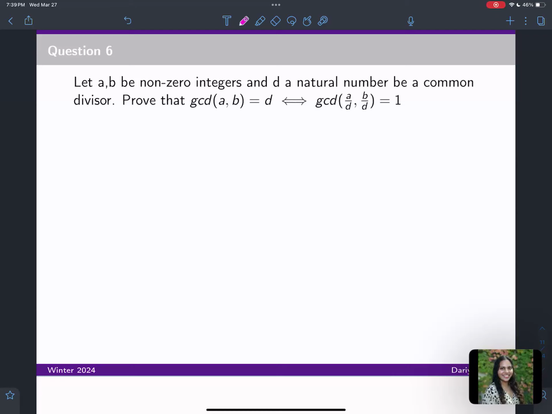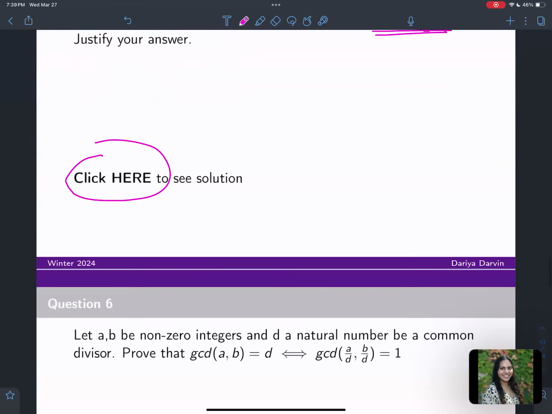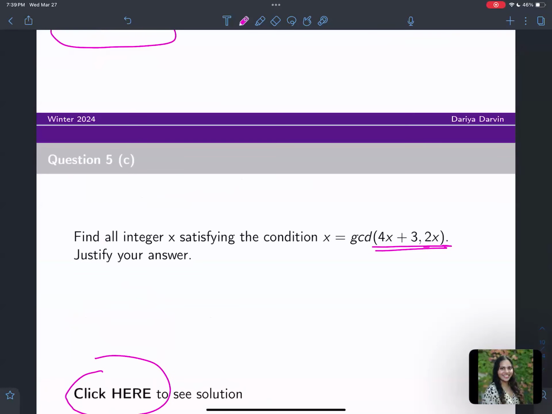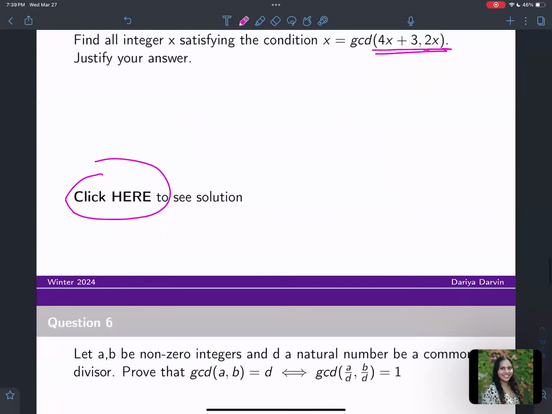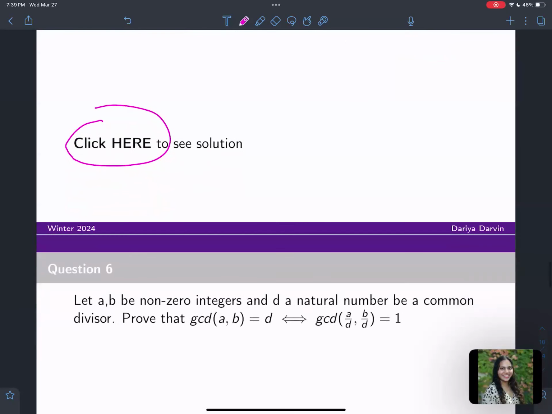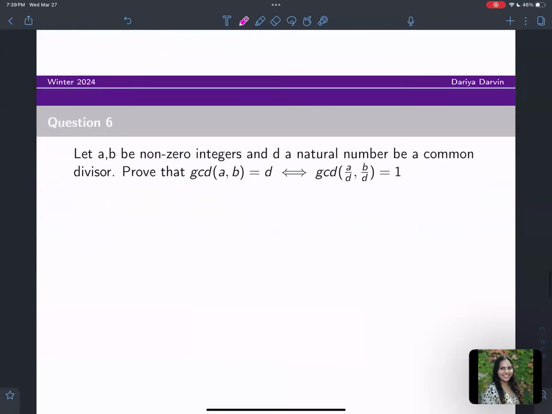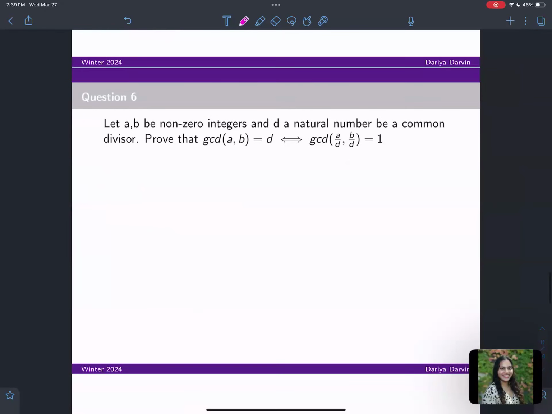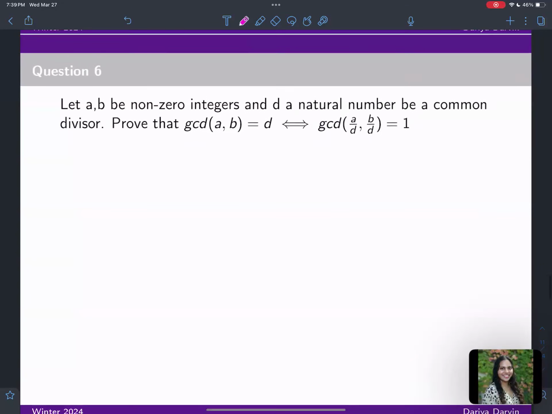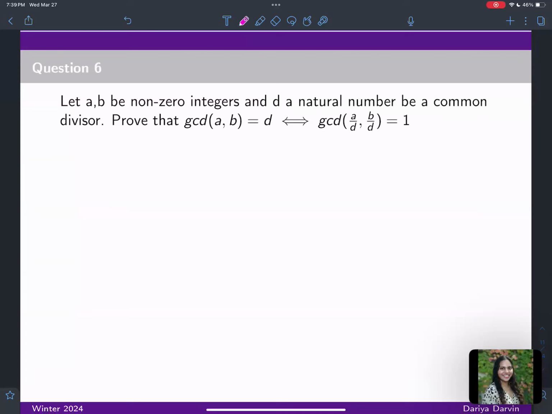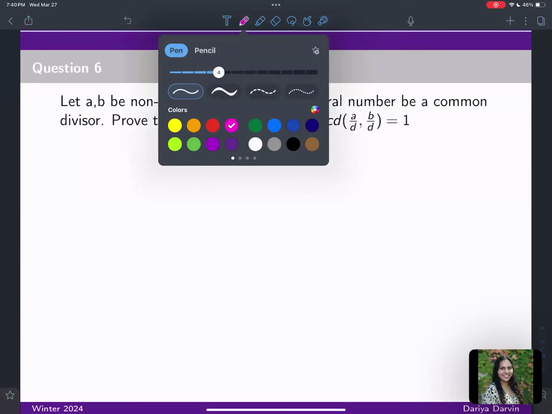A lot of questions, especially these kind of questions that we just did, you'll use the definition of GCD, like do some small tricks like we just did for the number with 49 to get specific cases or specific conditions on the x or the GCD we are finding. How you do that will vary from question to question. But again, GCD has only two things, the definition. So there isn't much variety you can play around with.